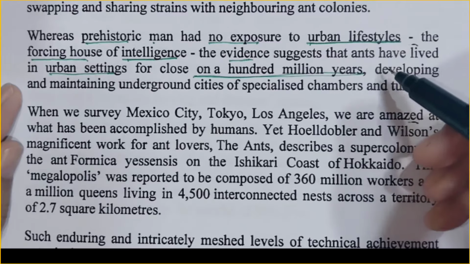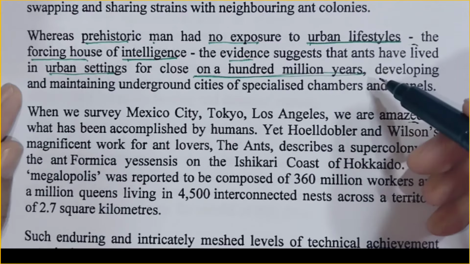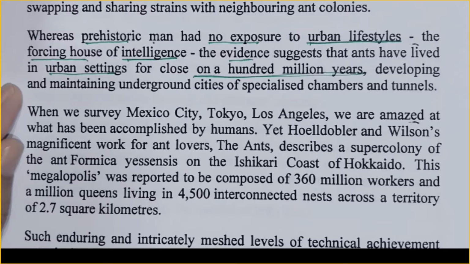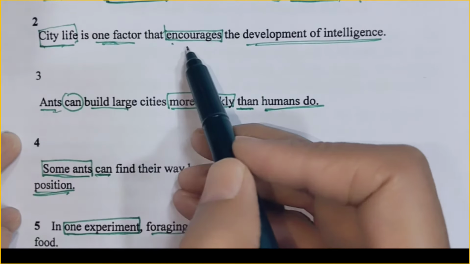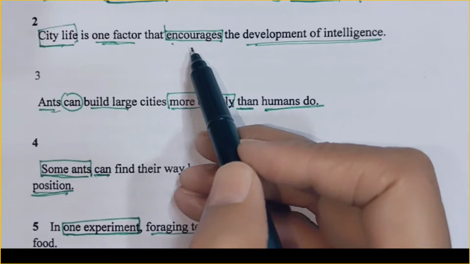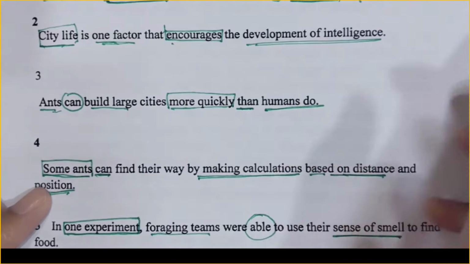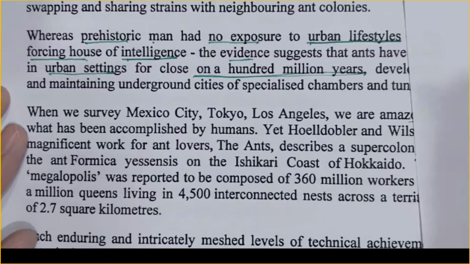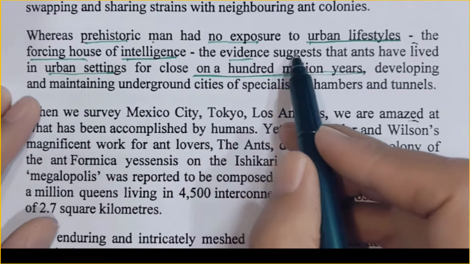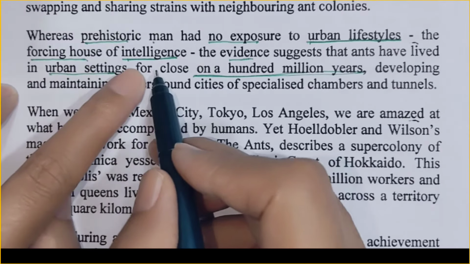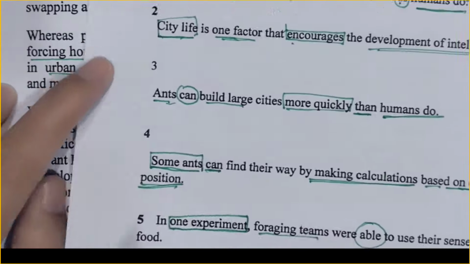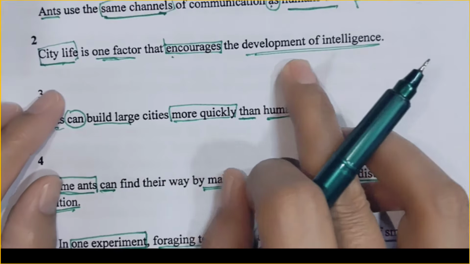It means ants are more intelligent than man, and they are the ones who had the idea of urban lifestyle or city lifestyle. City lifestyle means urban lifestyle. One factor, one reason which encourages the development of intelligence. So here, whereas prehistoric men had no exposure to urban lifestyles, the forcing house of intelligence, I mean encourage the development of intelligence.